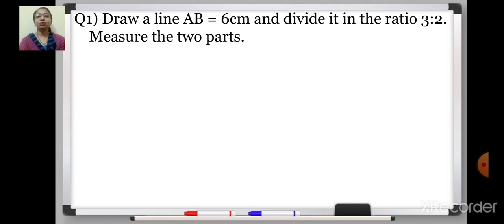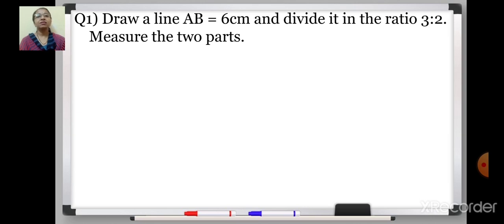Initially for a few sums I will give you the steps of construction, and afterwards you can write those steps in your own words. Only thing, the order should be proper. How you are constructing, the same way you write them point-wise.